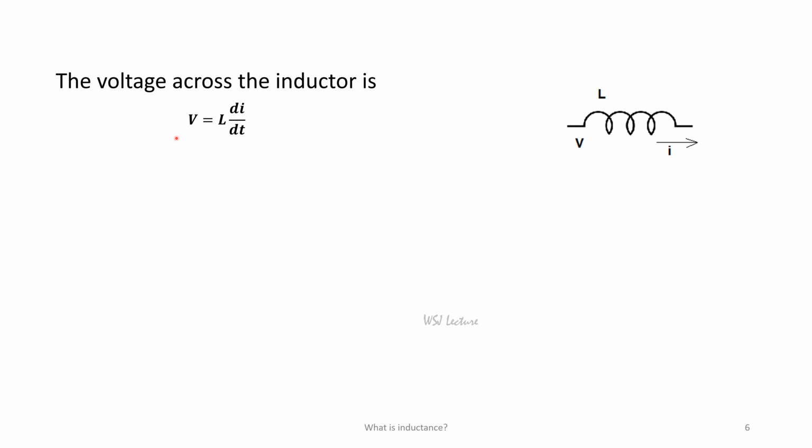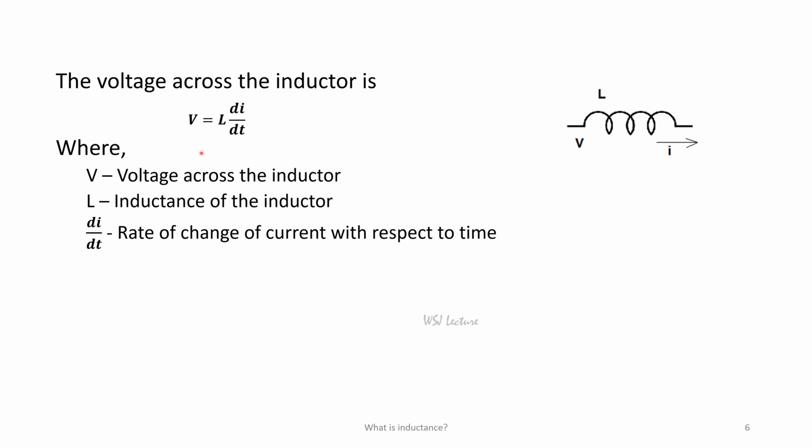So V is equal to L times di over dt, where V is the voltage across the inductor, L is the inductance of the inductor, and di over dt is the rate of change of current with respect to time.